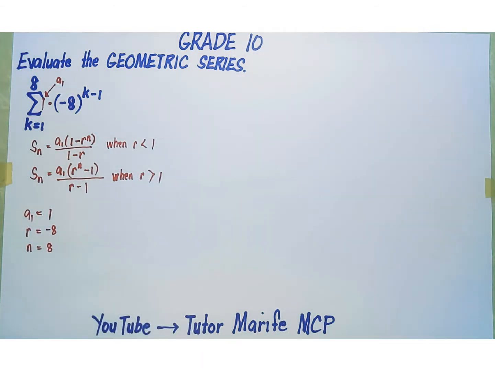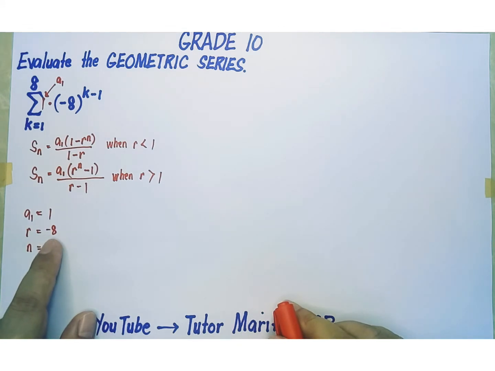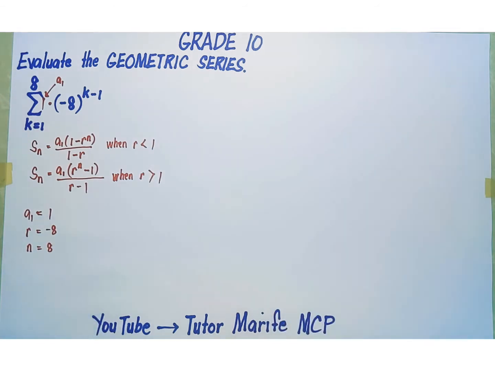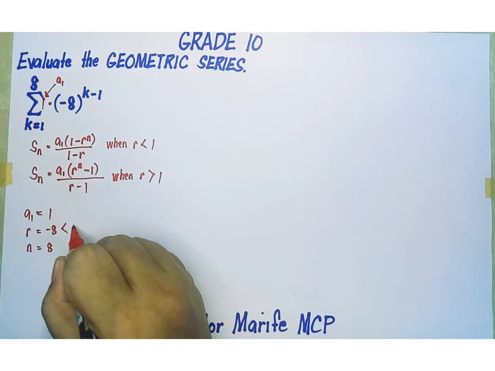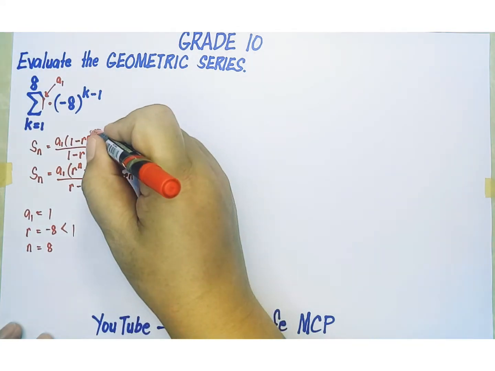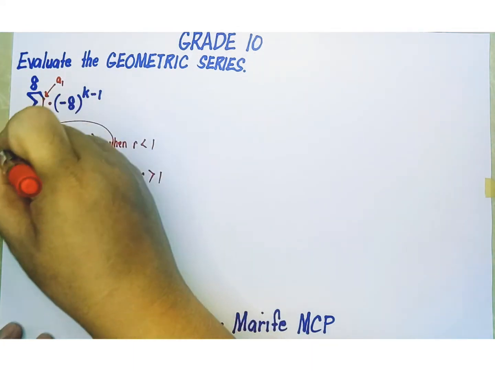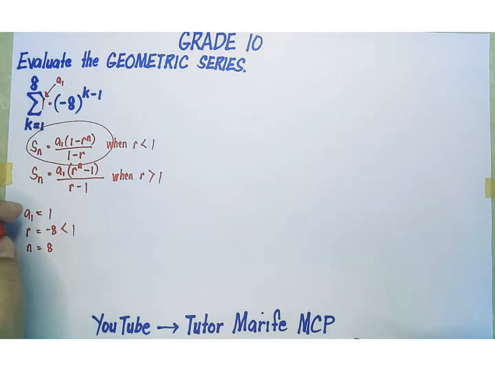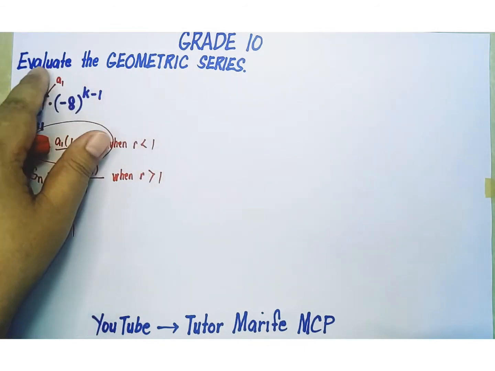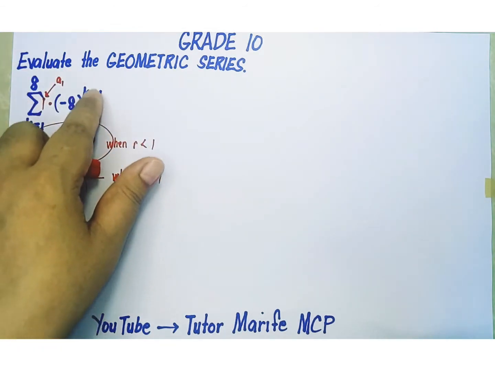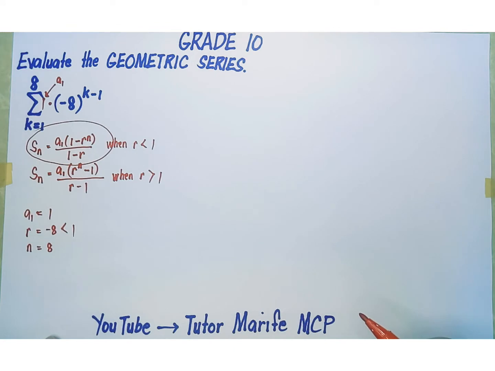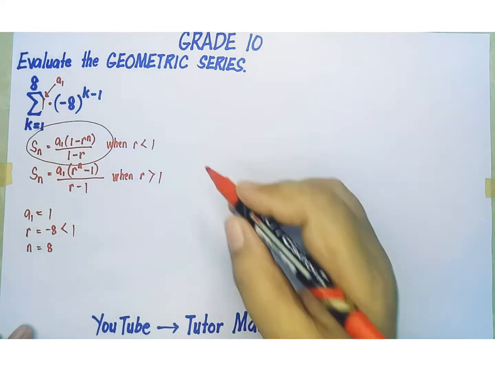Okay? Then, we need to know if r is less than or greater than 1. It's negative 8. Negative 8 is less than 1. So, we're going to choose the first formula to solve for the sum of the 8 terms of this geometric sequence. Okay? So, let's substitute.